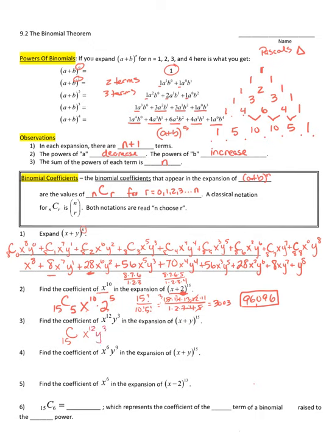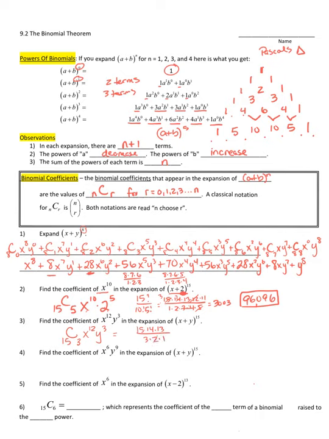So what is this other number going to be? Well, it's going to be a 3 because this second number is a 3. And to find the coefficient, it's just going to be the combination of 15 things taken 3 at a time. Now with this one, that's going to be 15, 14, 13 over 3, 2, 1.